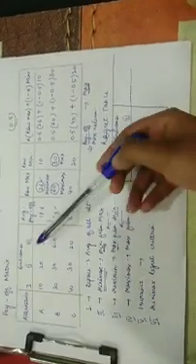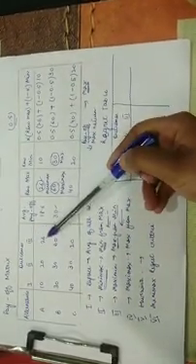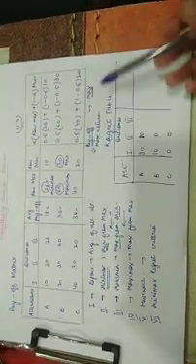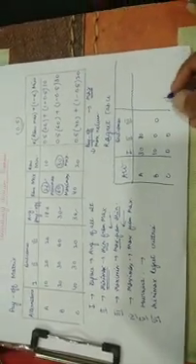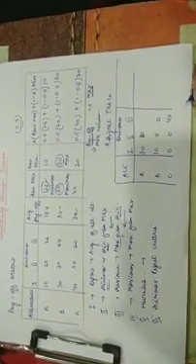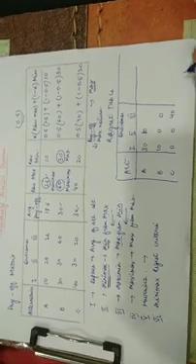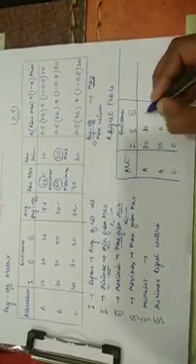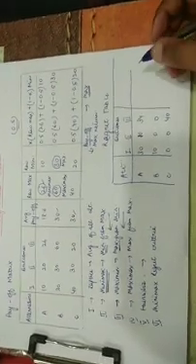Then from the third outcome, the maximum value is 60. 60 minus 60, 0. 60 minus 20, 40. And 60 minus 26 would be 34.